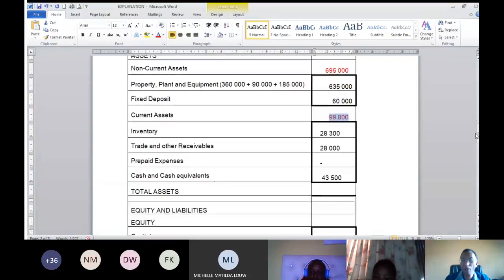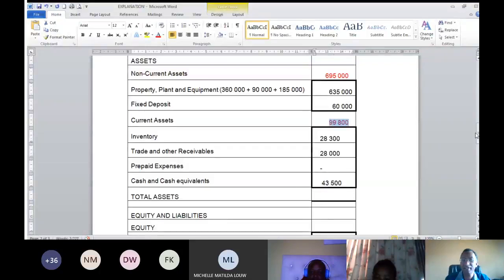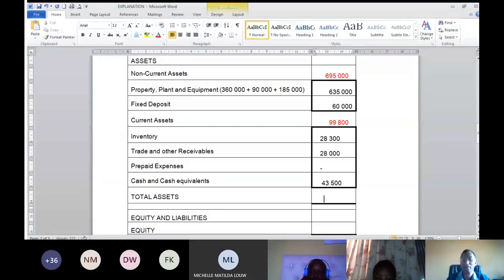To get down to the top part now, guys, of my statement of financial position, I want to know what is my total assets. Total assets is then equal to my non-current assets of 695,000 together with my current assets of 99,800.